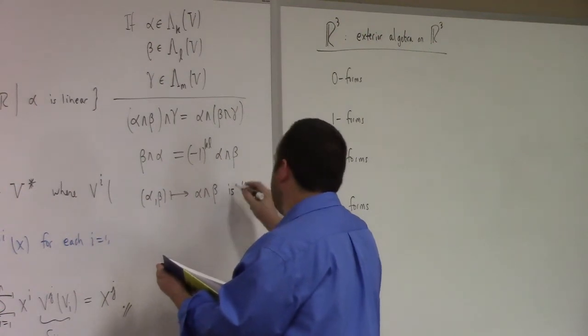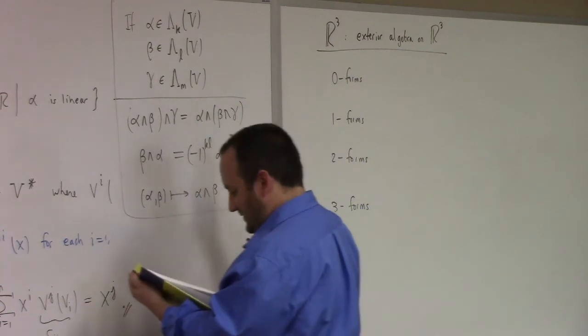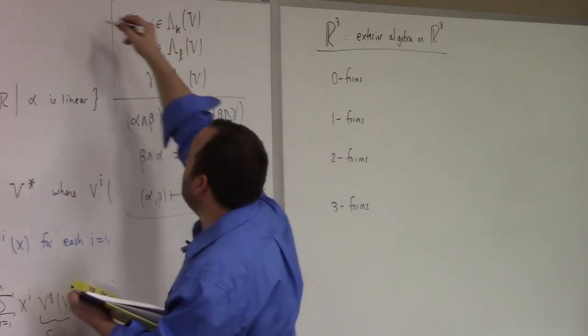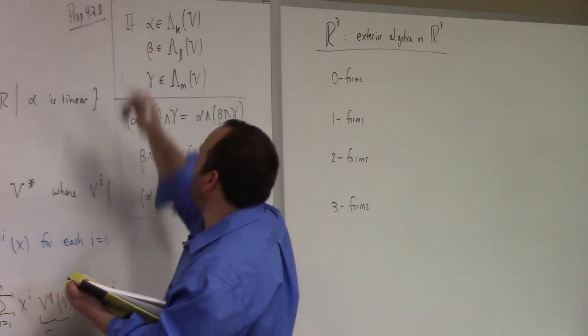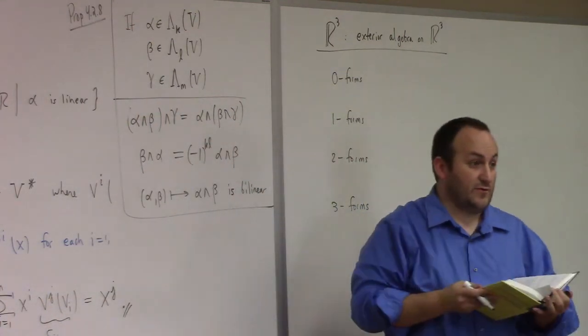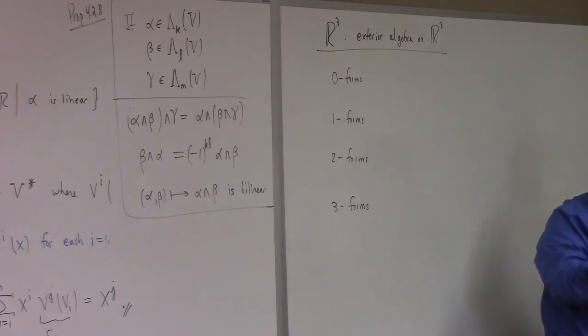Now, of course, the thing that you might find a little bit mystifying at the moment, this is proposition 4.28. Basically, any construction of the wedge product is going to come down to producing these three features. These are the three essential features of the wedge product: it's an associative, skew commutative, bilinear mapping on K-forms. So what this is saying is that there's a natural algebraic structure.